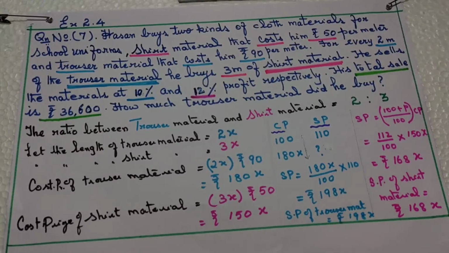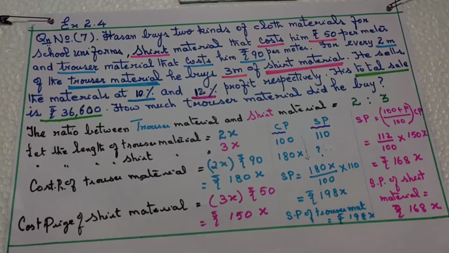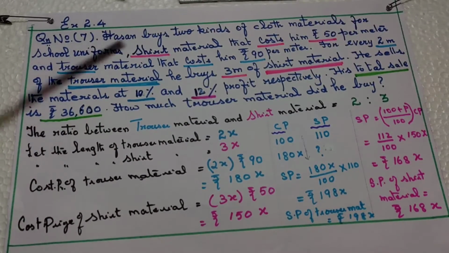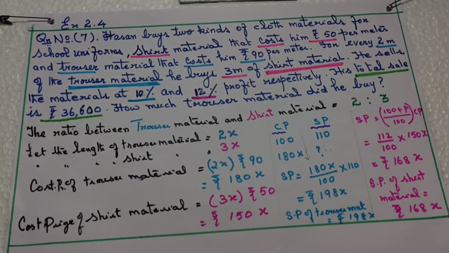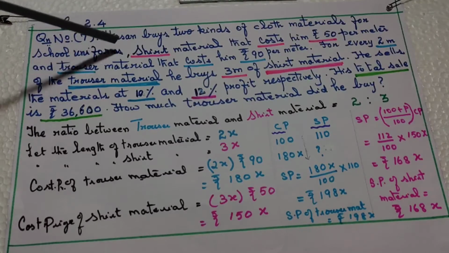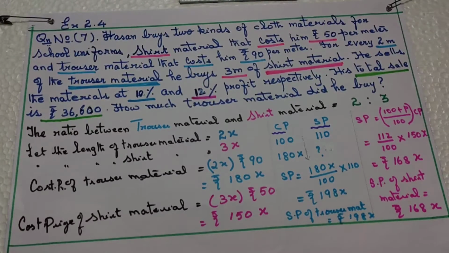Now the question reads as: Hasan buys two kinds of cloth materials for school uniforms. Shirt material that cost him rupees 50 per meter and trouser material that cost him rupees 90 per meter.